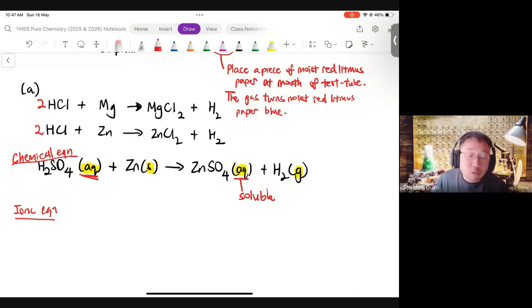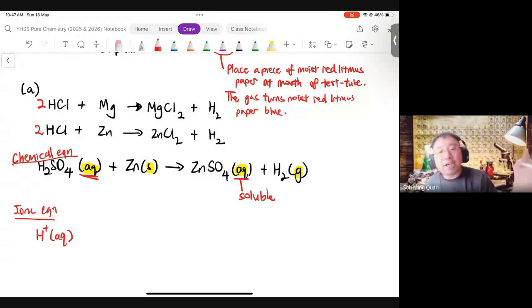Next, there are rules to this. You need to know H2SO4 is called sulfuric acid. Acids produce H plus ions. It's a must, it's a definition. Acids are substances that dissociate and ionize to produce H plus ions when dissolved in water. So H2SO4 must form H plus.